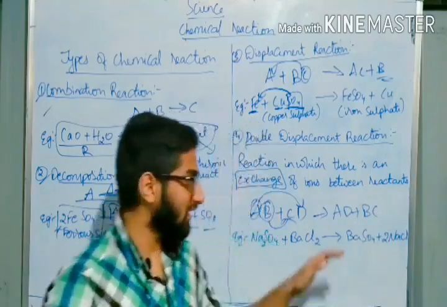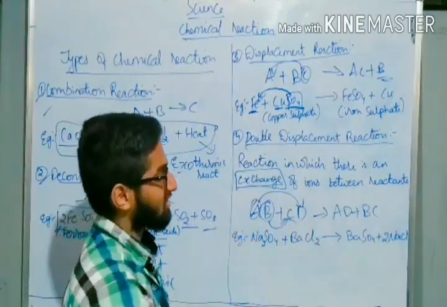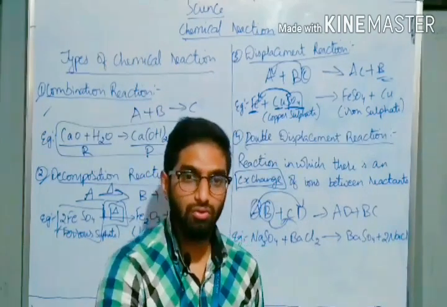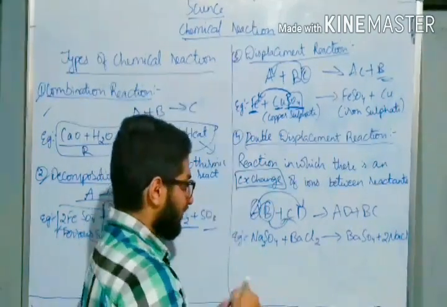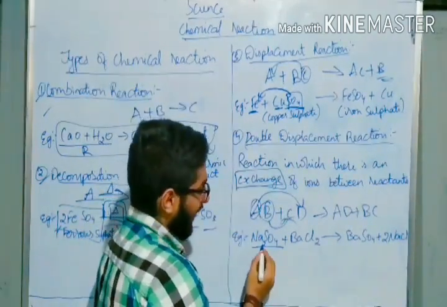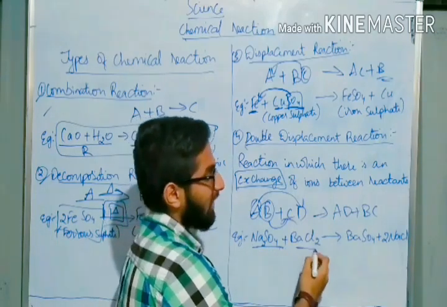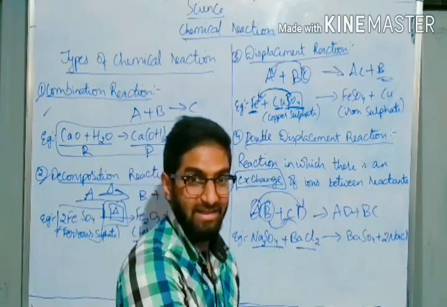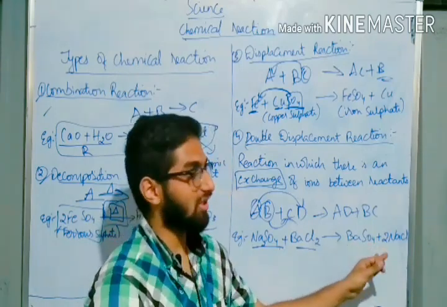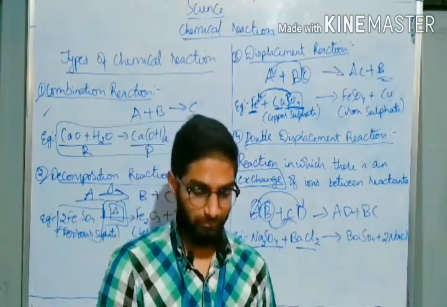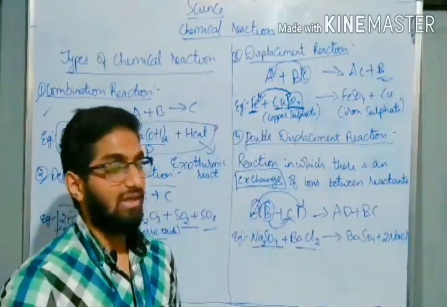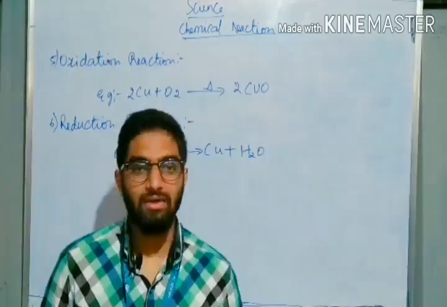So what is happening here? There is a 1-to-1 displacement. It's like I'll give you one, you have to give me one. Let's take an example. Na2SO4, that is your sodium sulfate, plus barium chloride get reacted, and you are getting barium sulfate plus NaCl. This is your double displacement reaction.